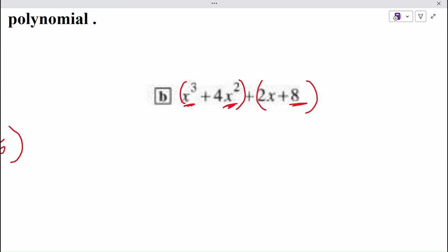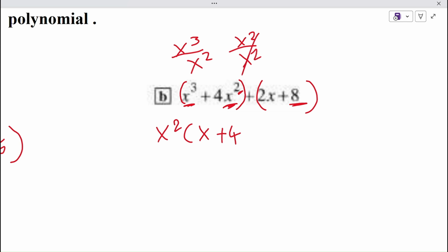Which one is smaller? Of course, x to the power 2. So just take out x to the power 2 here. Then divide these two terms by x to the power 2. x to the power 3 divided by x to the power 2 is equal to x. Then write plus 4. x to the power 2 divided by x to the power 2, cancel it, is equal to 1.